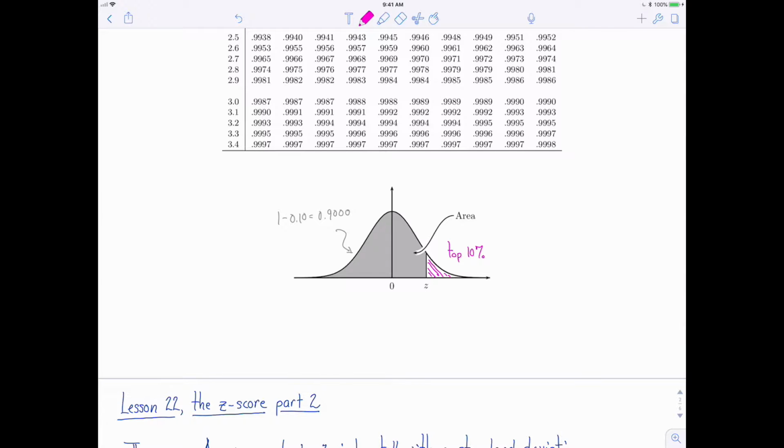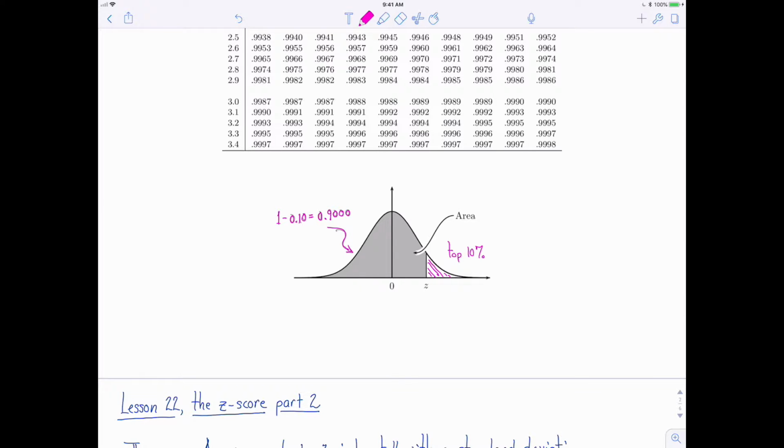But the problem is the table doesn't give us the top 10%. It just gives us the lower portion. The lower portion we find by taking 1 and subtracting our 10%. And what we find then is the gray region here. The gray region is 90% of our picture.